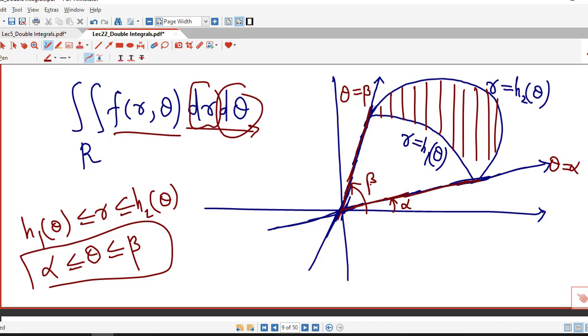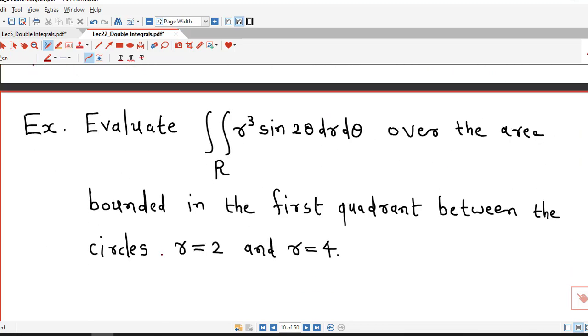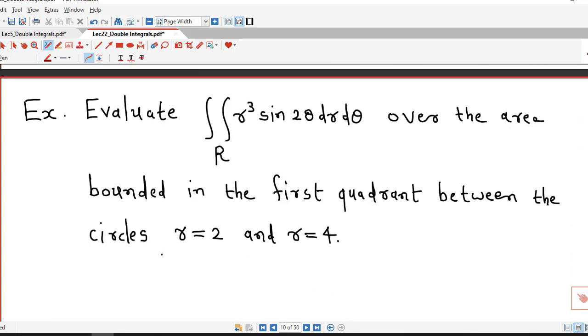Here I am given the limits of integration. Now suppose I don't know the limits of integration, then how do we find them? We understand that with the help of this example.